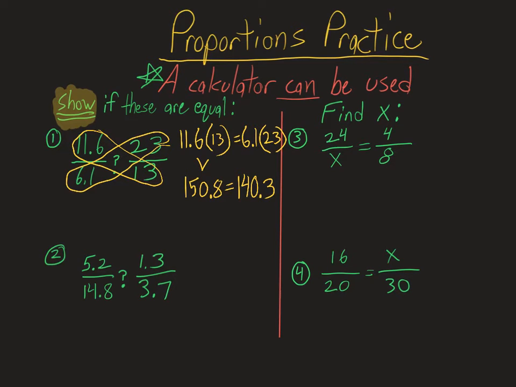Okay, are these guys equal? No, they are not. Now you could say no, because I see how you got to that. That's full credit. Okay. Number 2, we're going to do the exact same thing.